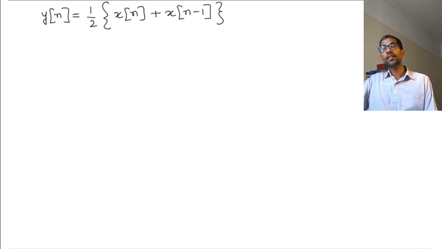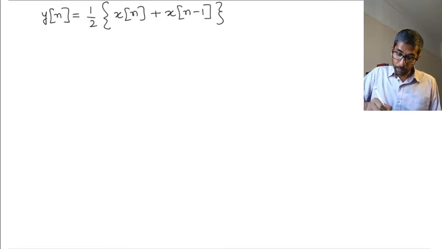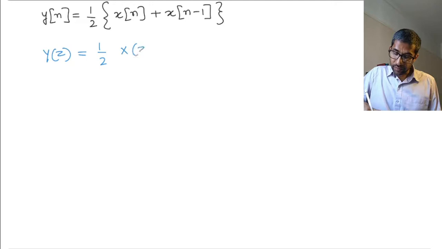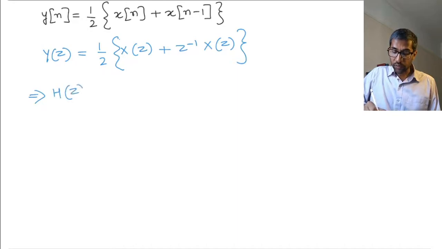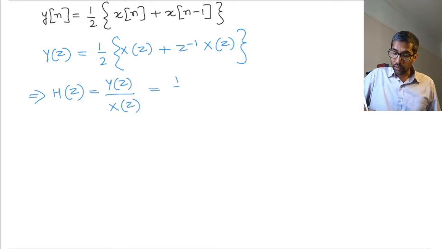We can get the frequency domain characteristic by looking at this equation and writing its z transform. What would we get? We would get Y(z) = 1/2 (X(z) + z^-1 X(z)). Which means we can write the transfer function of the system, Y(z) over X(z), as 1/2 (1 + z^-1).